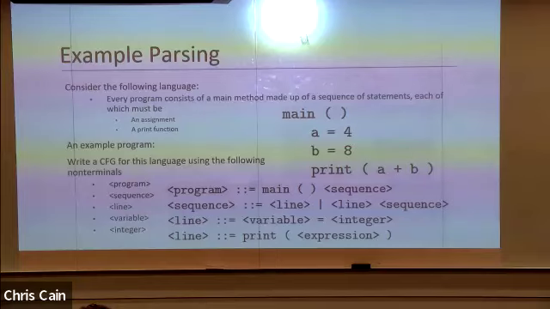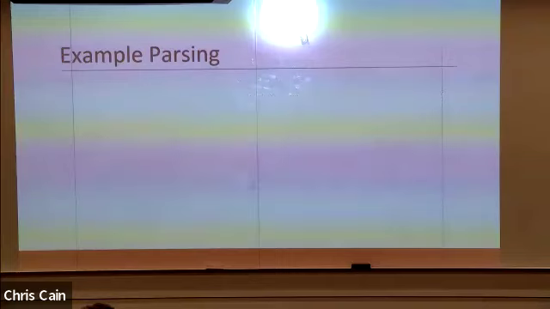So we still need to go define what a variable is, what an integer is, what an expression is. We still need to be able to do that. But at the high level, this is what that breakdown would look like. Questions on this? All right, let's do an example.